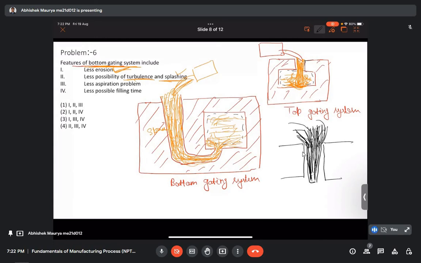So initially the whole stream of molten metal was covering the whole width of the opening of the pouring basin or the opening of the mold. But when velocity increases, because the area of cross section of the stream reduces, there is separation of the molten metal stream and mold wall.